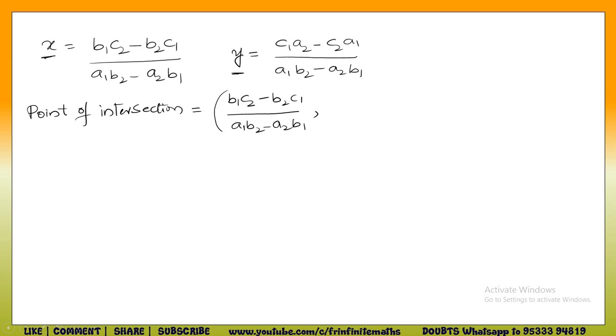So this is my x coordinate, and the y coordinate is c1 a2 minus c2 a1 divided by a1 b2 minus a2 b1. So this is my point of intersection, which is satisfied by both the line equations L1 and L2. By using this particular point of intersection, we find the solution for the two straight lines which intersect. Okay, so in this way we can find out the point of intersection.